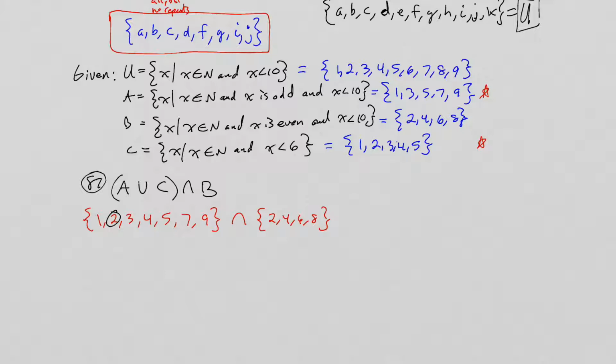So there's our 2, there's our 4, and that is it. There is no 6, there is no 8. So the final answer is, oops, I forgot to circle the right side. There we go. So the final answer is going to be 2 and 4.